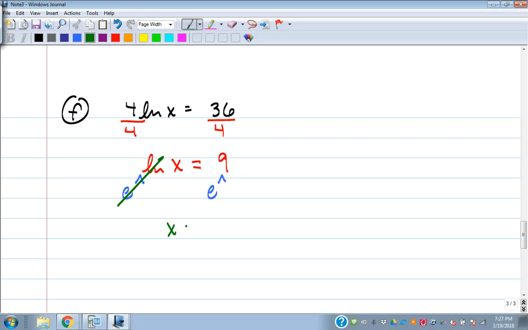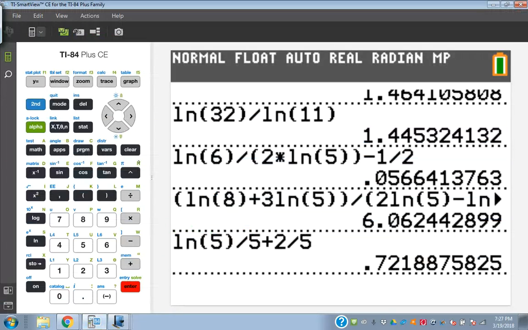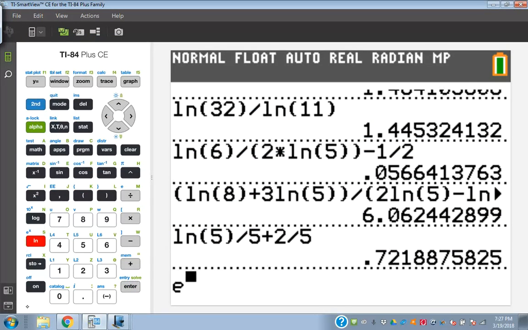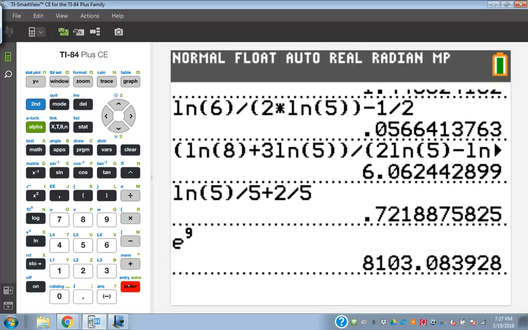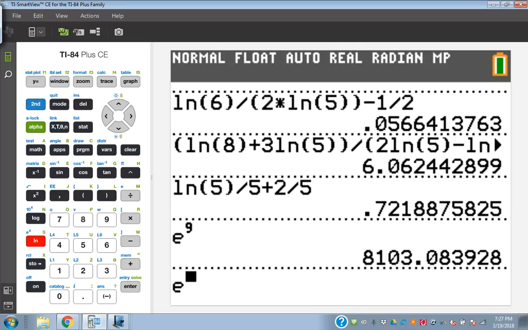So that leaves x to be e to the 9th power. And we're going to get a decimal approximation for e to the 9th power. To do that, you hit second ln, that gets you the e, and then the 9th power.